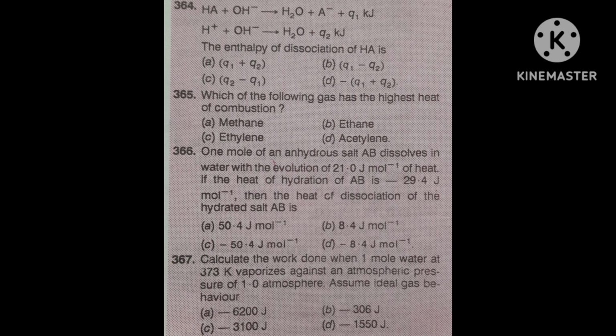That is, first AB solid plus xH2O. Its value you consider as delta H1. And second, what is formed? AB solid plus xH2O, you get AB·xH2O, that is hydrated.